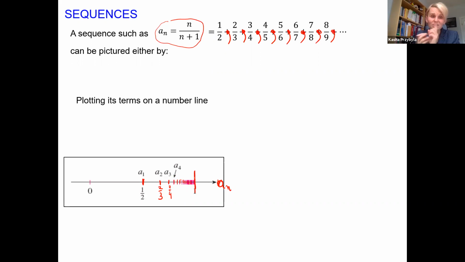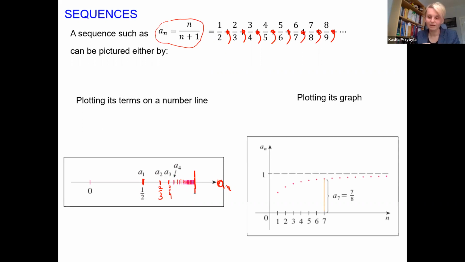But since we have n as an input, an independent variable, and A sub n as an output, we will use the XY plane. Probably we will not use 1D, we will use 2D. On the x-axis, we have n, the input, and on the y-axis, we have the corresponding A sub n values.